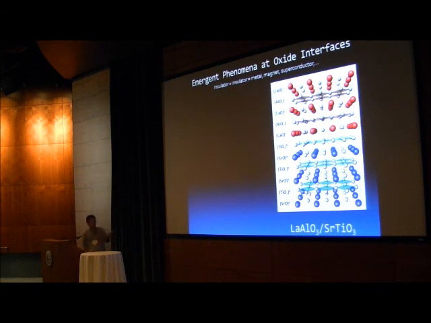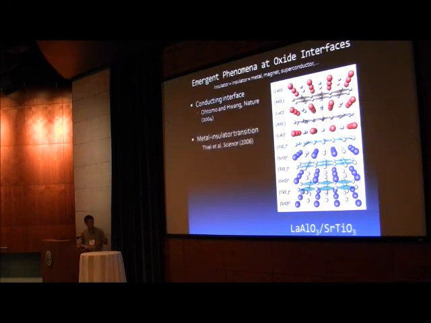And this is the system that we're particularly interested in. Lanthanum aluminate, a very thin layer, this is looking in cross-section, on a substrate of strontium titanate. They're both complex oxides. They're both insulators by themselves. So it was discovered in 2004 that insulator plus insulator equals metal, or conductor, I should say.